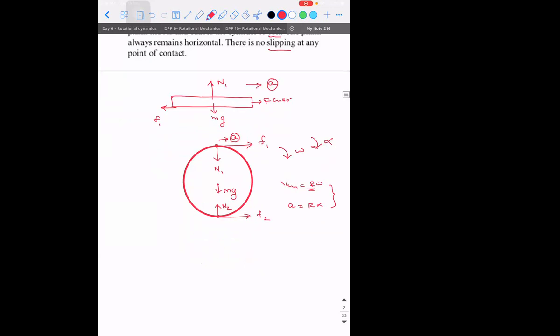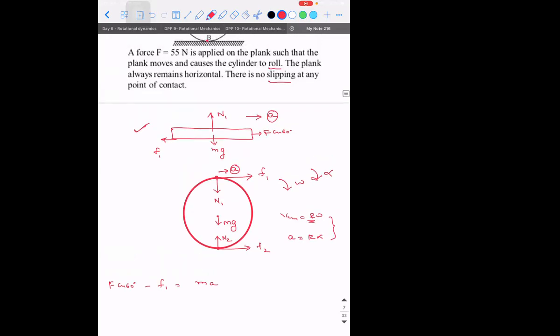Right? Now apply the equations of motion for the plank. F cos 60 minus small f1 is equal to mass of the plank into a. Similarly, I missed some force on the plank. Can someone tell me?